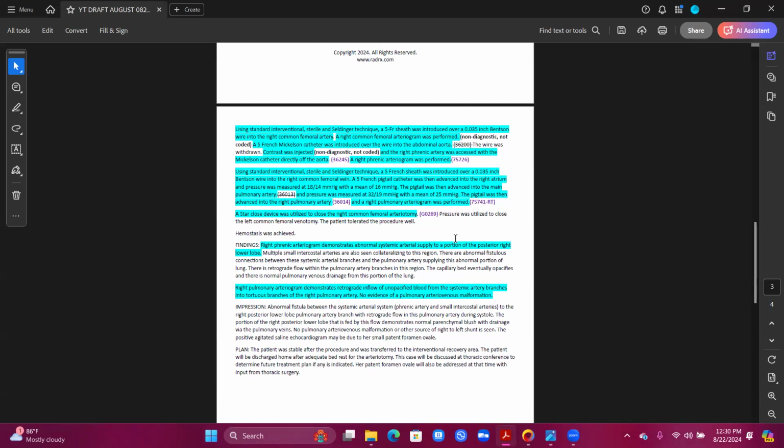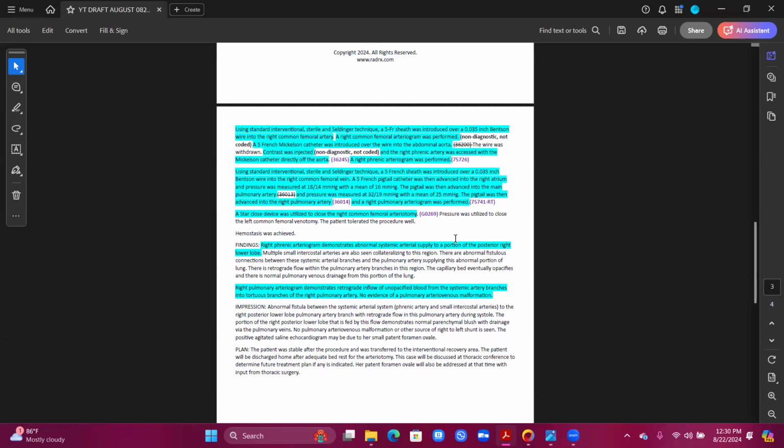And then a right pulmonary arteriogram is performed, which is going to be reported with 75741 with that RT. So we have some selective imaging that occurred in that right pulmonary artery, and then the physician places a StarClose device at the right common femoral arteriotomy, and then pressure was utilized to close the venotomy.